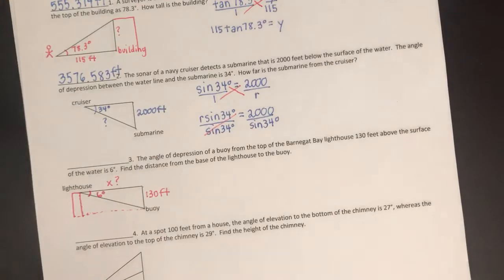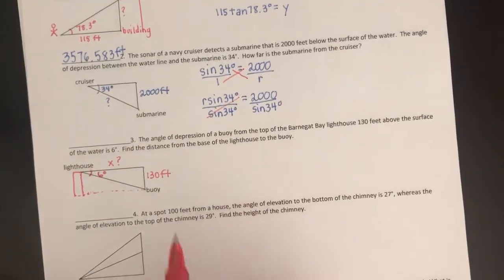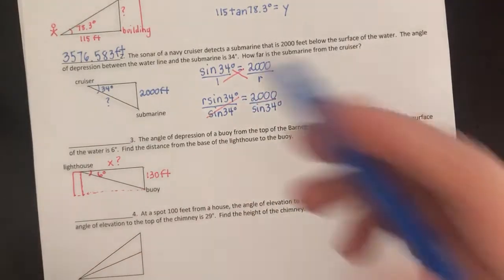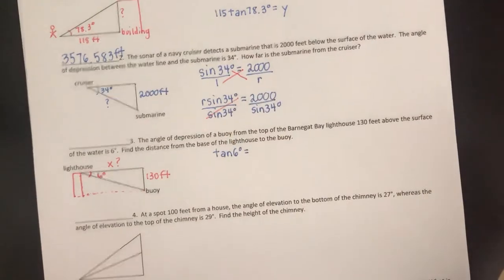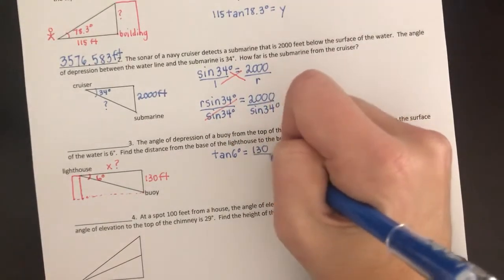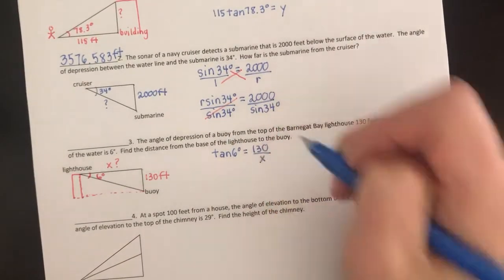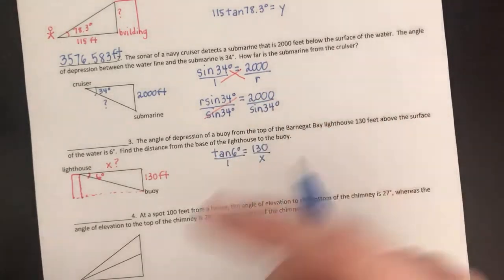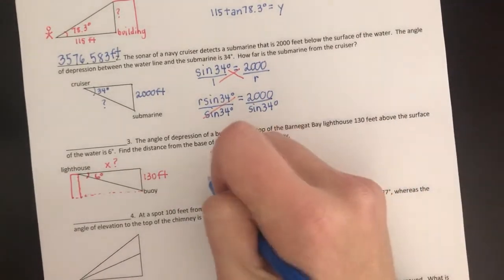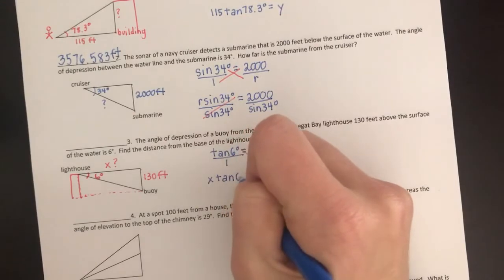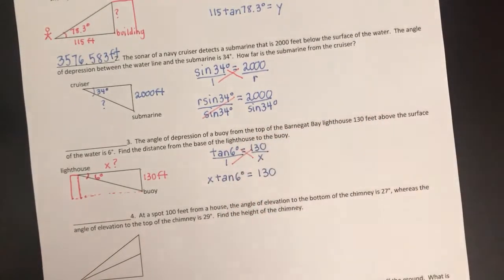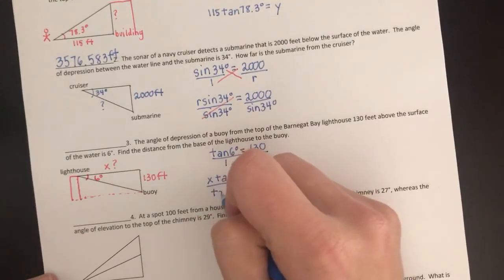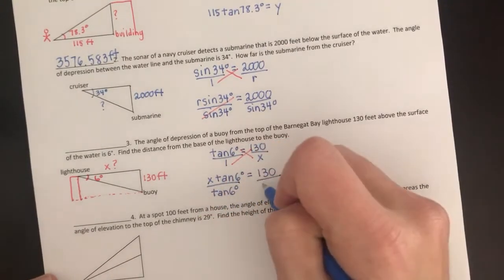That's what you want to know. So which trig function uses x and y? That's going to be tangent again. So tangent of 6 degrees equals y over x. Put this over 1. Then you have x times tangent of 6 degrees equals 130. When you multiply 1 times 130, divide by tangent of 6 degrees.